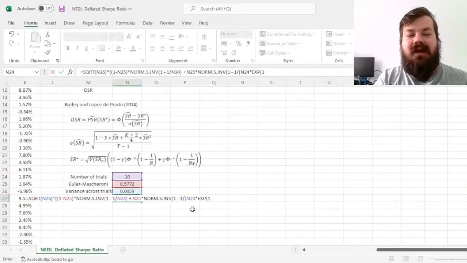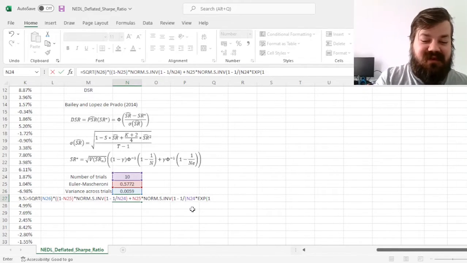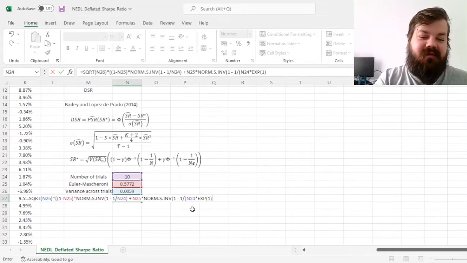This is another fundamental constant of mathematics, which is approximately 2.7. You might have encountered it before.